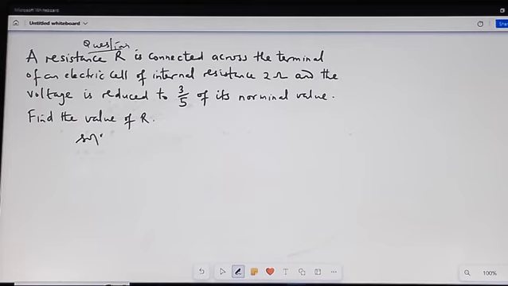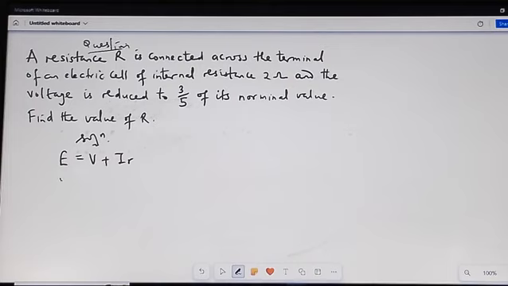So let's see how to get this. First and foremost, when you have an equation like this, bring out the parameters. So remember our equation, E is equal to capital V plus IR. And we are told that the voltage is reduced to 3/5 of its nominal value. The nominal value is actually the EMF, the original value of the voltage.